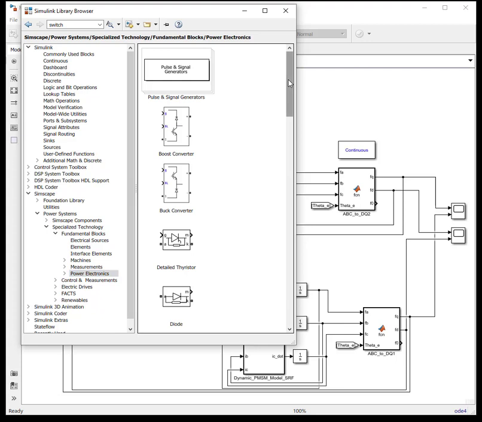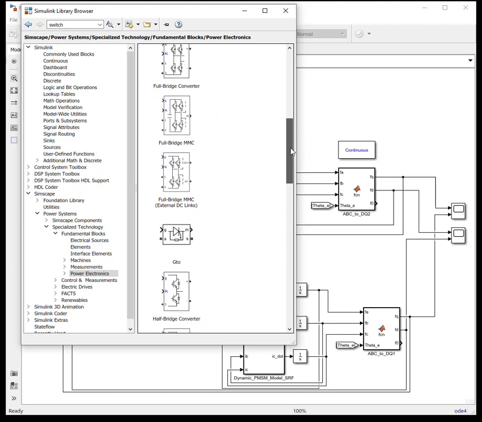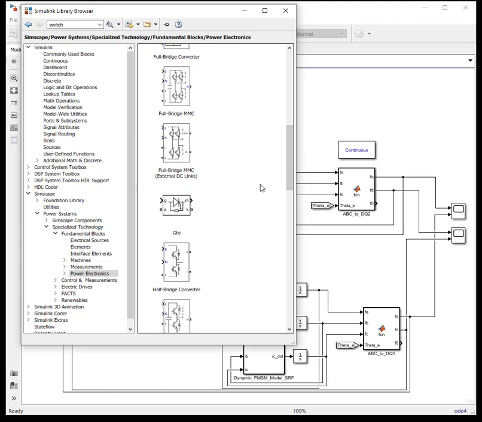If you look here under power electronics, you have a lot of different elements which can help you build an inverter to control this model, which will be a later discussion for us. But here we're going to be looking at the FOC, or field-oriented control, and the permanent magnet synchronous machine modeling only. We'll add the inverter stage next.